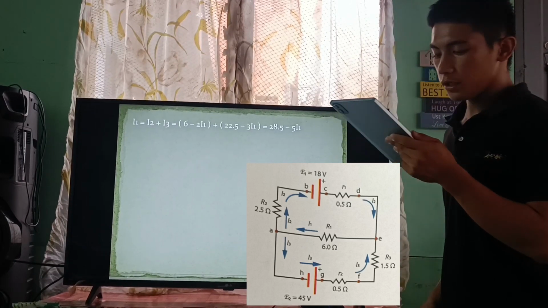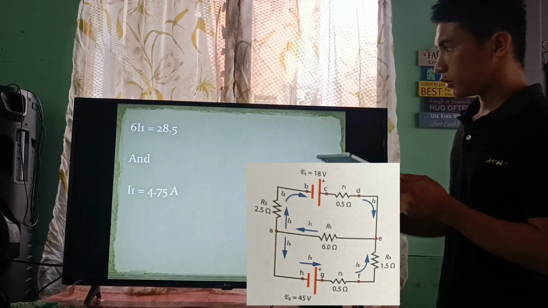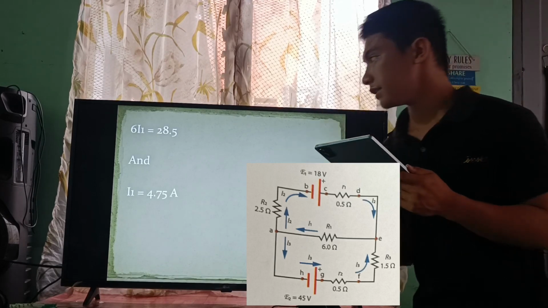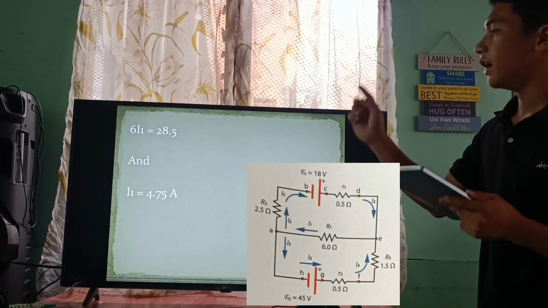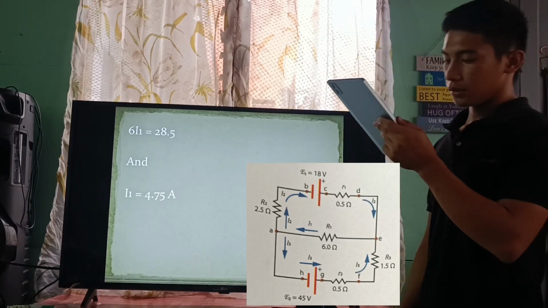So now we are going to combine terms together. It will be 6 I1 equals 28.5, and I1 equals 4.75 A.